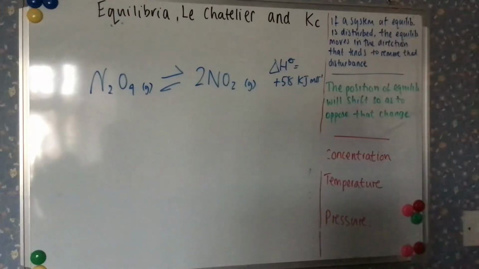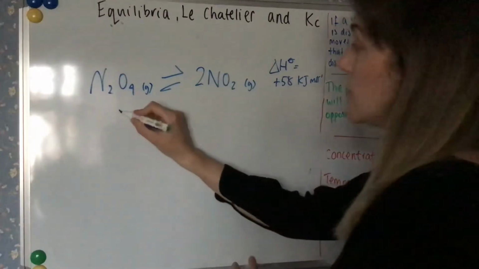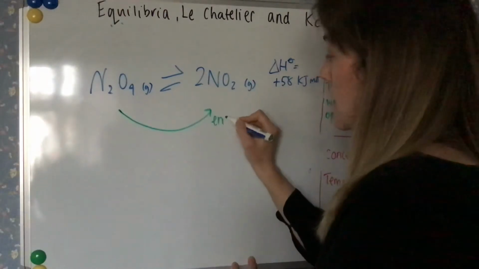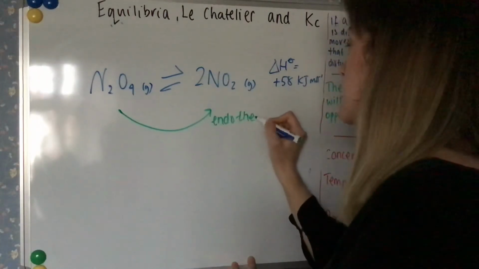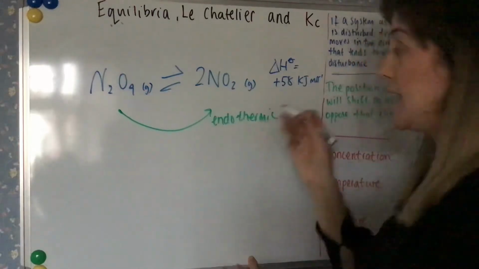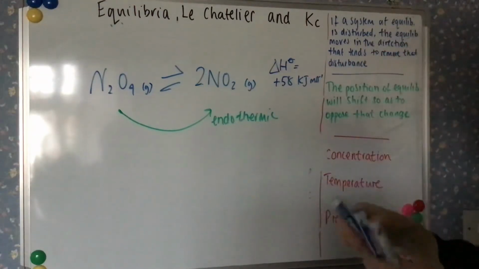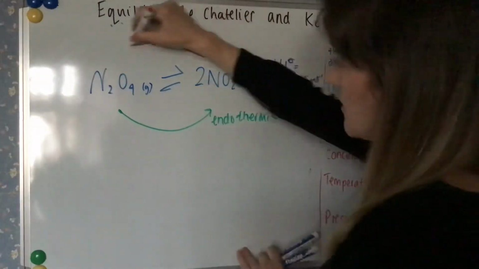So this reaction is endothermic in the forward direction, so it absorbs heat in the forward direction, and then it's exothermic in the backwards direction.